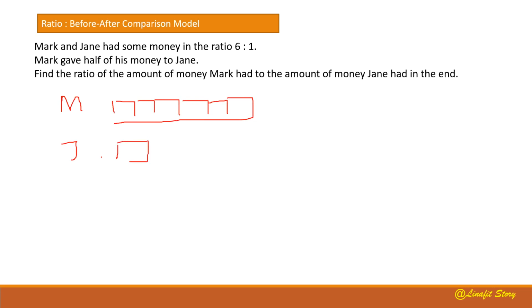Okay, and then Mark gave half of his money to Jane. So half means dividing into 2 equal parts. So 6 divided by 2 equals 3. This means that Mark will give 3 units to Jane.